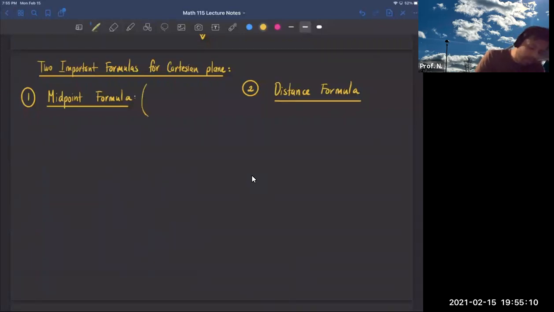The midpoint formula: to find the midpoint between 2 points, x1, y1, and x2, y2, use the following formula.